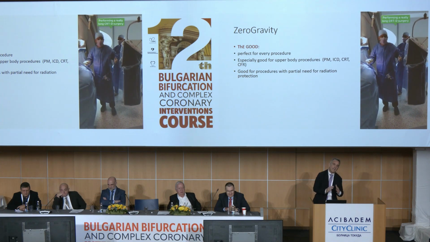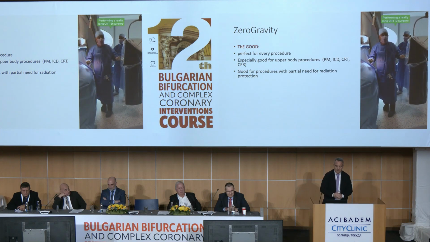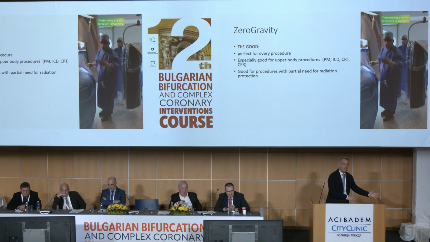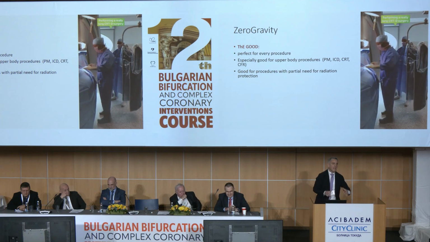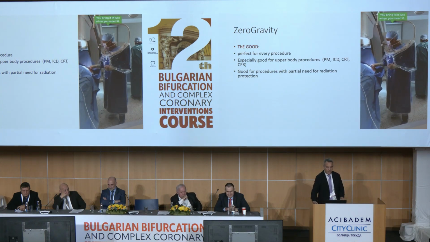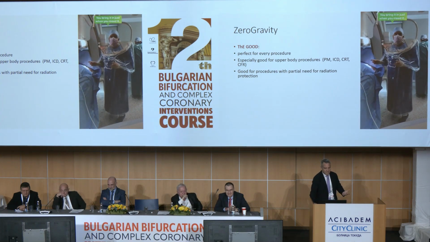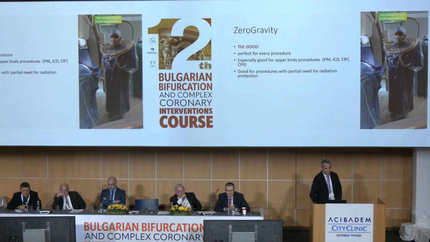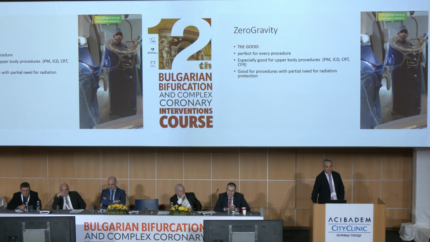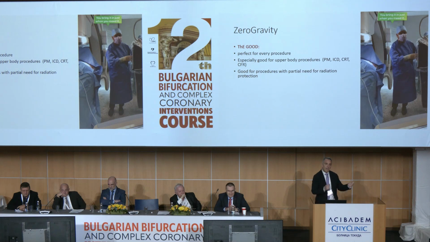When you're implanting CRTs, you basically do the surgical part, then you do the interventional part, and then at the end you do the surgical part again. So here, I did the surgical part, then I implanted with zero gravity, and then I finished with the surgical part. So it's really good when you need partial radiation protection.